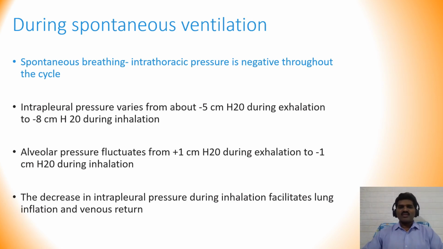The alveolar pressure fluctuates from +1 centimeters of water during exhalation to -1 centimeters of water during inhalation, making the alveoli open so that gas can flow into the alveoli. The decrease in intrapleural pressure during inhalation facilitates lung inflation and also increases the venous return.